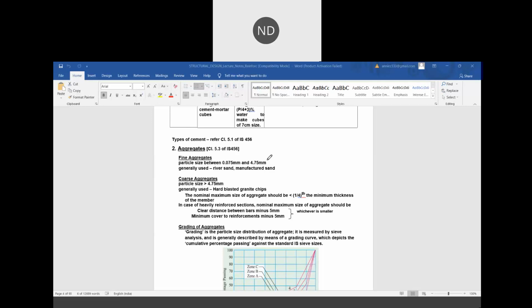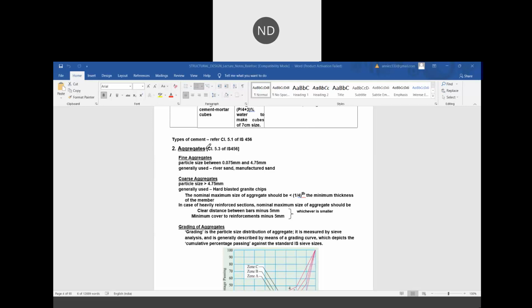Now the most general one which we are using, 20 mm aggregates, are generally used for our works where there is no restriction to flow of concrete into the section. 40 mm or larger size may be permitted. There may be some restrictions. Suppose you're constructing a building, the weight of your building is going to increase when you use the maximum size of the aggregate.